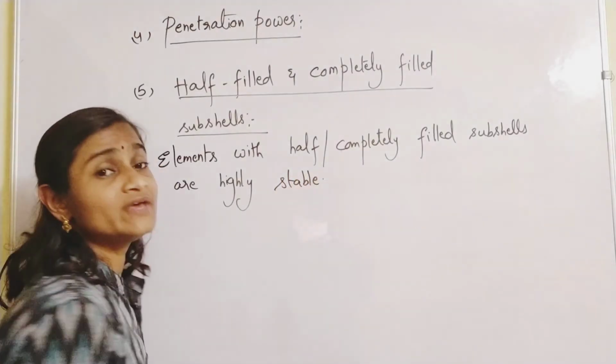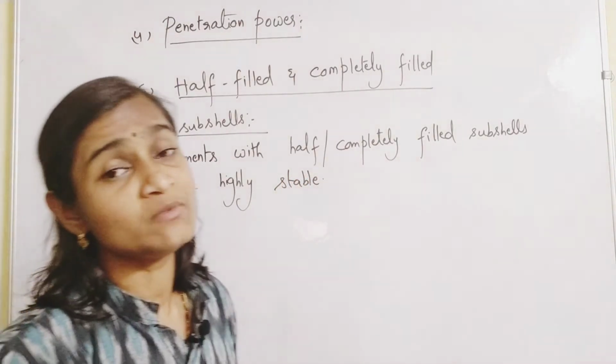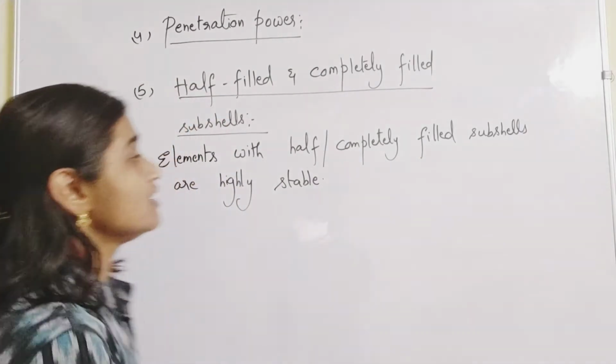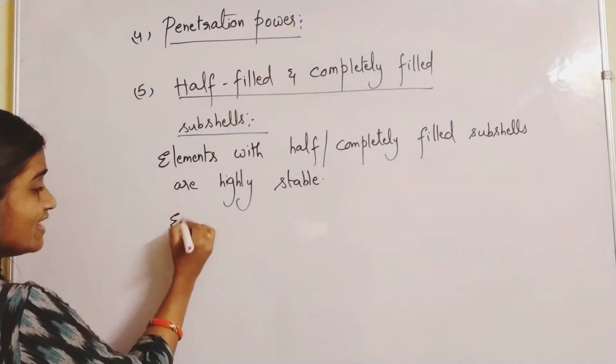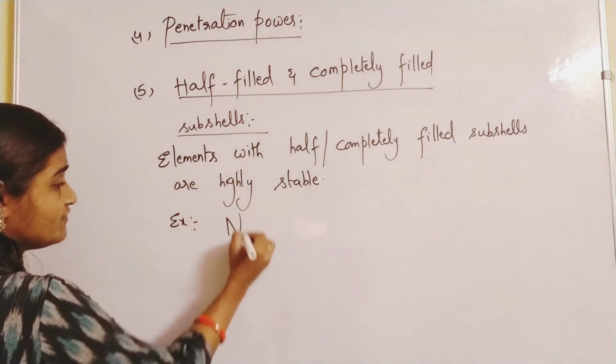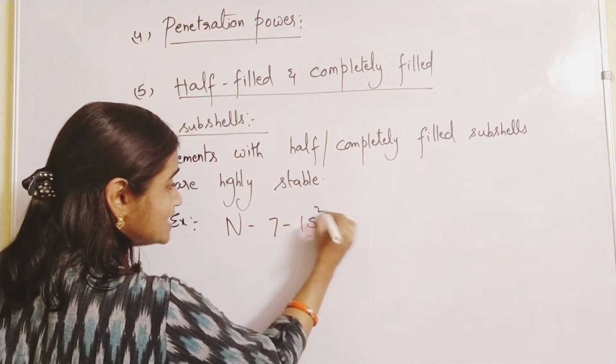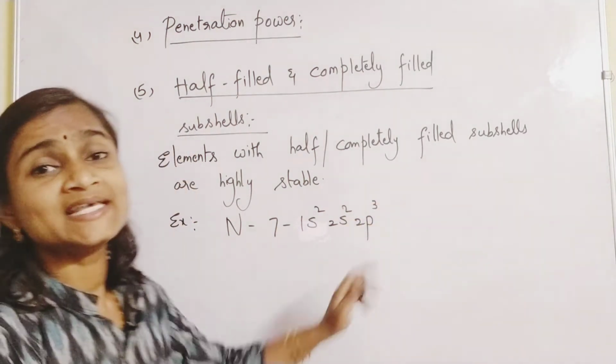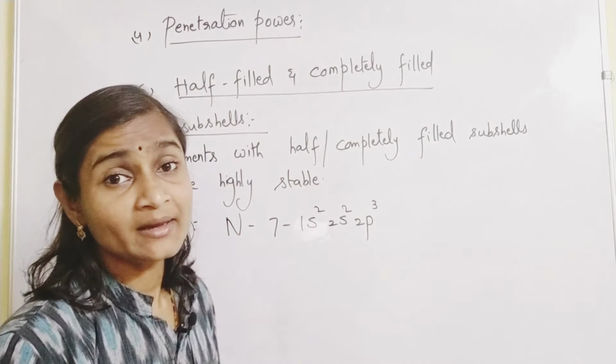If they are highly stable, it's difficult to remove an electron from such stable orbitals, isn't it? For example, yesterday we learnt nitrogen. Atomic number is 7: 1s2, 2s2, 2p3. Here P is half filled.